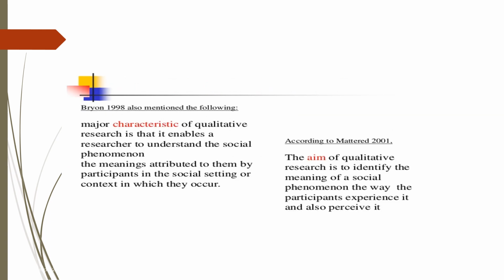Again, a major characteristic of qualitative research is that it enables a researcher to understand the social phenomenon, the meanings attributed to them by participants in the social setting or context in which they occur. The aim of qualitative research is to identify the meaning of a social phenomenon, the way the participant experiences it and also perceives it.